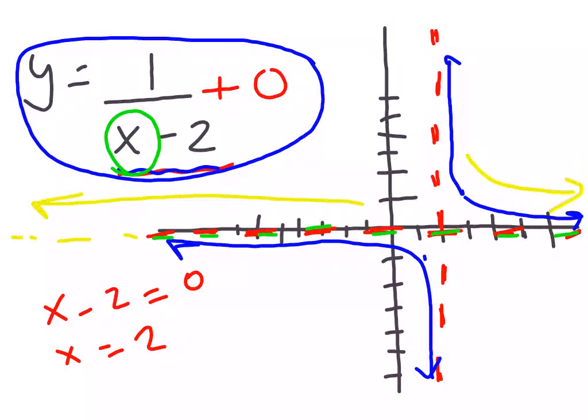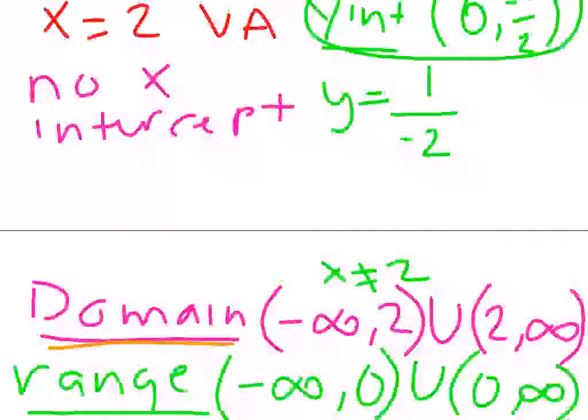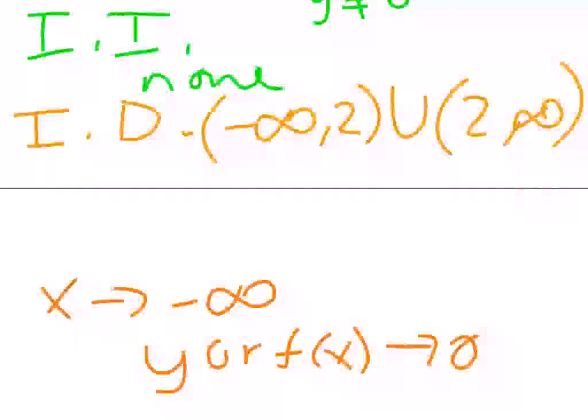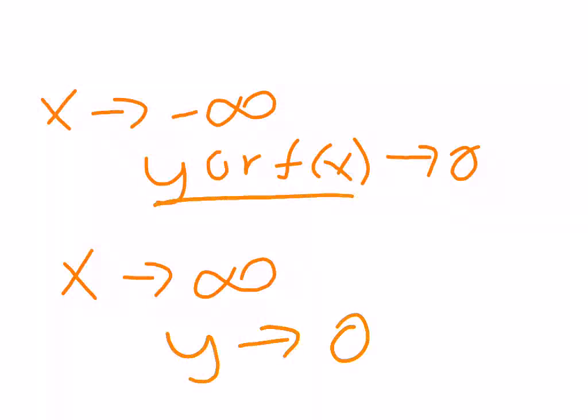The asymptote, for this blue guy over here, is the ceiling, but for this blue guy, it's the floor. So the y values are approaching that floor, which is y equals 0. So as x approaches infinity, my y value, or f of x, approaches 0 as well. And that's it.